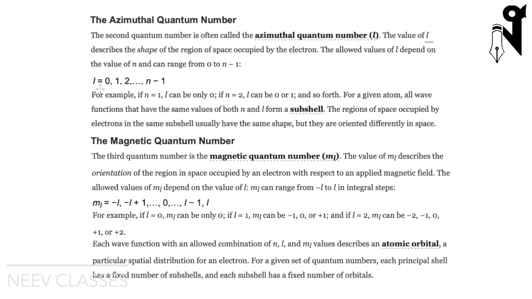So yes, your l will go from 0 till n minus 1, meaning to say if your principal shell number is say 5, then l is going to be 0, 1, 2, 3, 4. l = 0 will be given a name, and that is s.